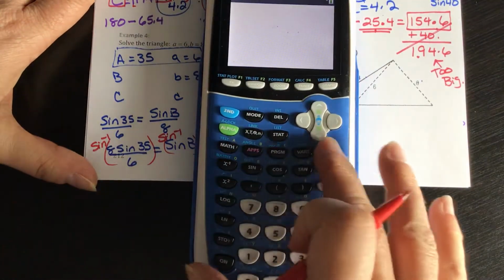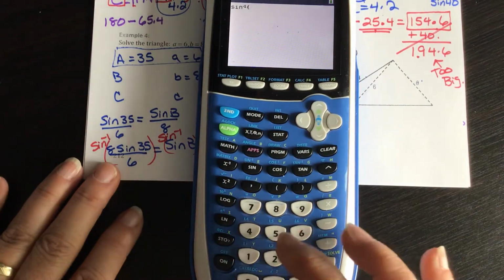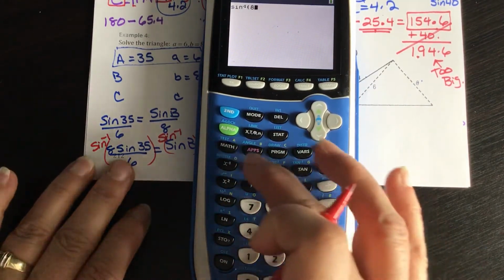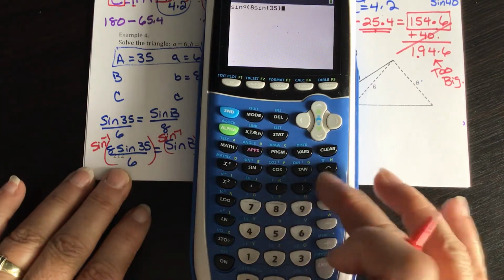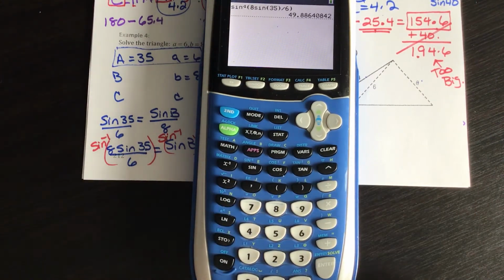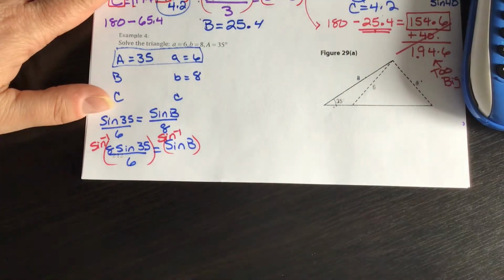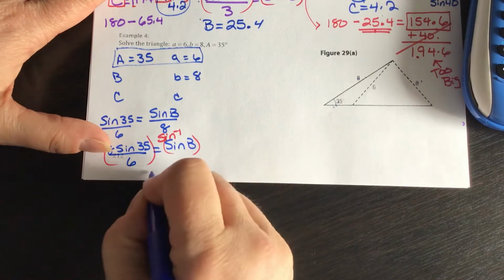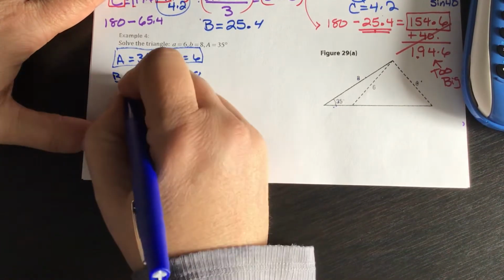So on my calculator, I'm going to do inverse sine of 8 sine 35, close the parentheses, divided by 6, close parentheses again, and I get 49.9. So angle B, 49.9.